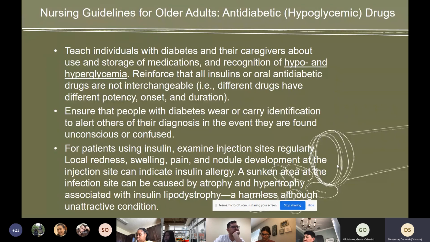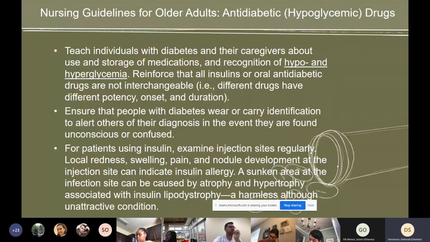Of course, you know from your pharmacokinetics, there are different processes in each of those medications. So we definitely don't want them to substitute medications for sure.